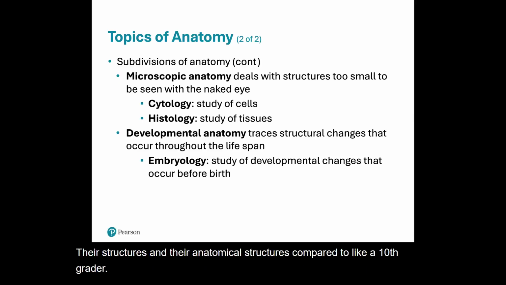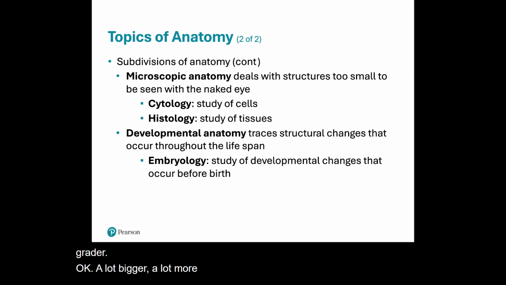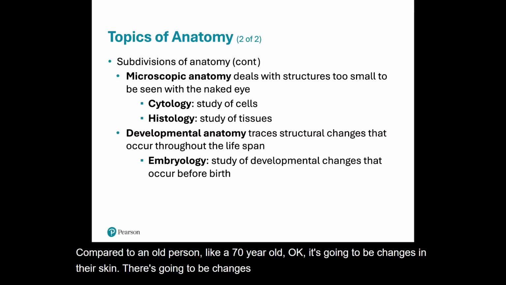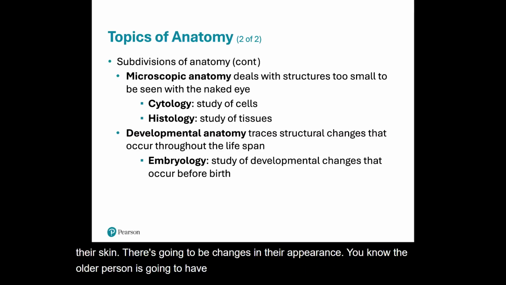A lot bigger, a lot more mature, and so on, compared to an old person, like a 70-year-old. There's going to be changes in their skin, changes in their appearance. The older person's going to have wrinkles. The baby's not going to have wrinkles.